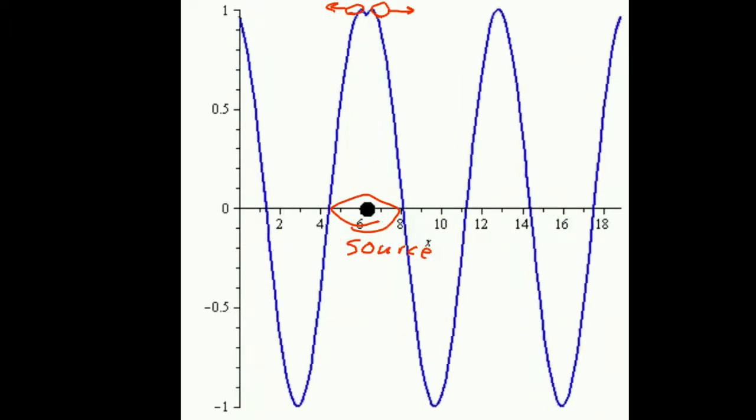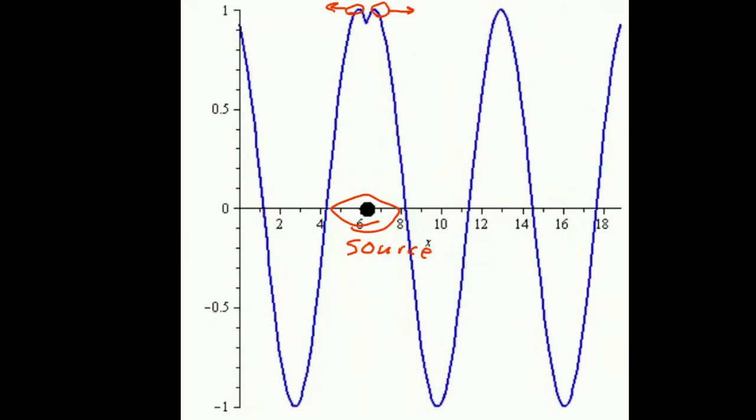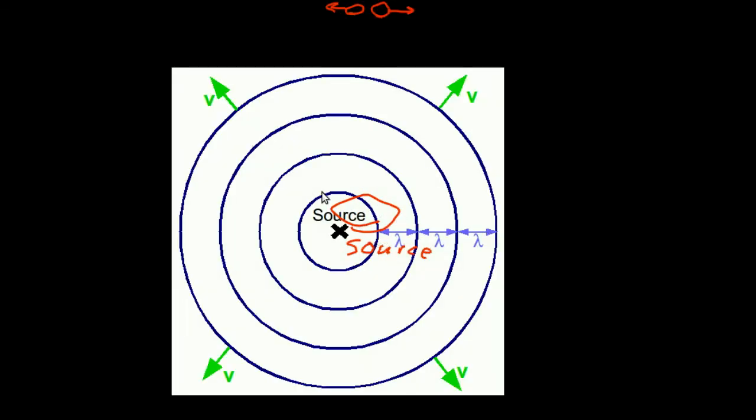This is really no different from what we were looking at in an earlier lecture when we were talking about waves leaving a source and going in all directions in a plane, say, so that you get circular wave fronts that travel out.